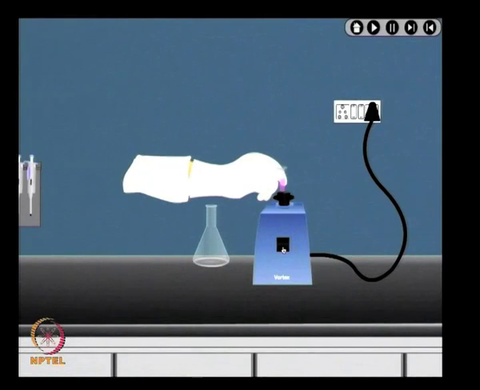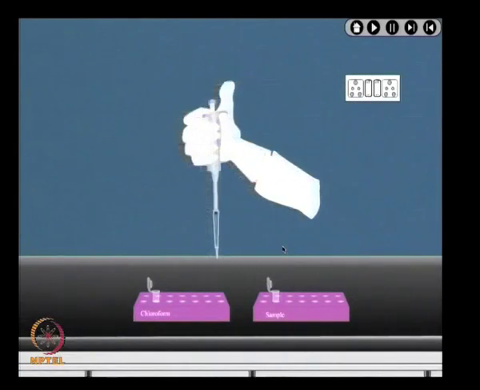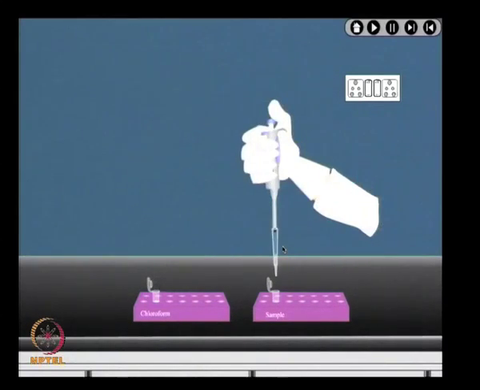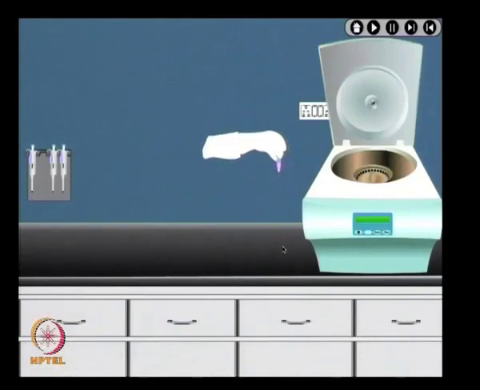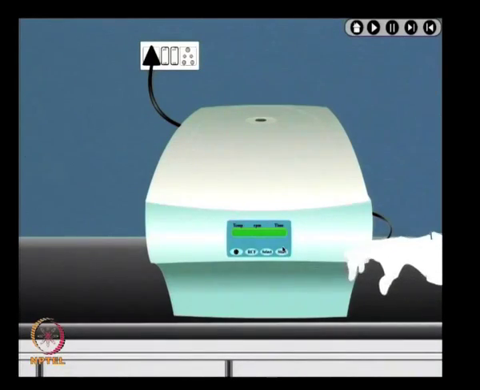So, click on the vortex here, mix it vigorously at room temperature to allow the phase separation. After phase separation, centrifuge the sample at 12,000 rpm for 15 minutes at 4 degrees.